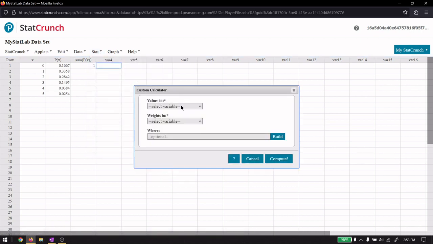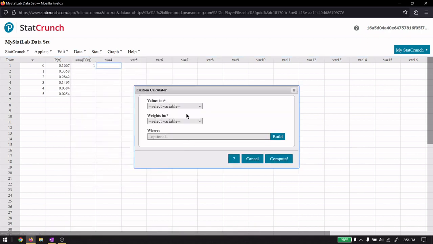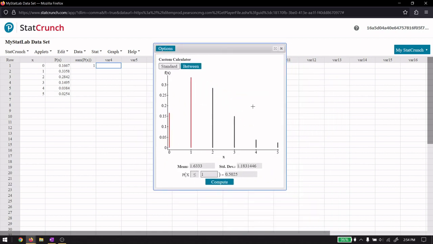So we can do Stat, Calculators, Custom. And then the values are x, 0 through 5, and the weights or the probabilities are p of x. If we compute this, that'll actually give us a graph of this thing, which we can use for the problem.